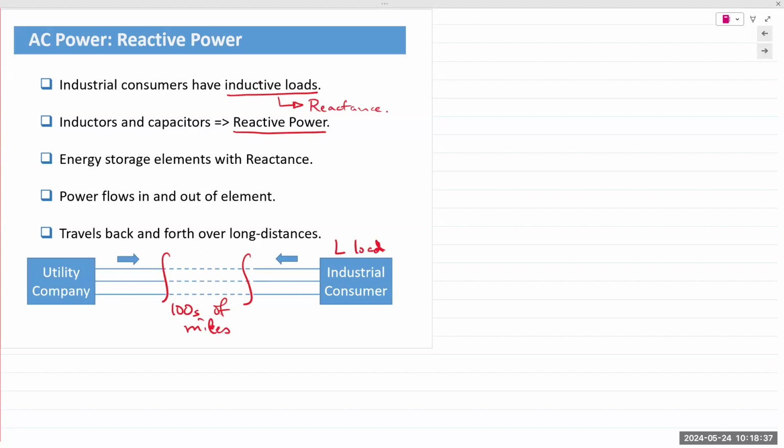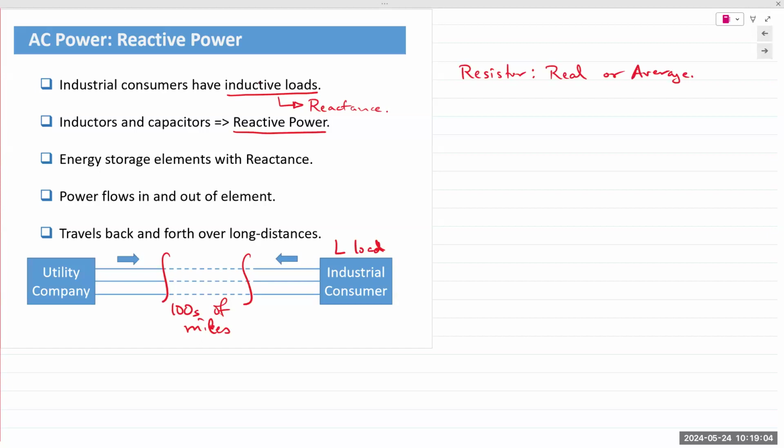Resistors do not have any energy storage capabilities, and so the power in a resistor is termed real or average power. I don't prefer to use the term real power because it implies that somehow the reactive power is not real, imaginary.